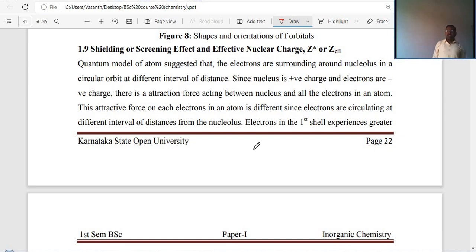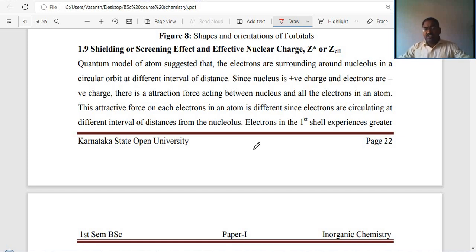I think you have learned the concept of shapes of orbitals. The s orbital is spherical in shape. The p orbital is dumbbell shaped. The d orbital is double dumbbell shaped and the f orbital is triple dumbbell shaped.